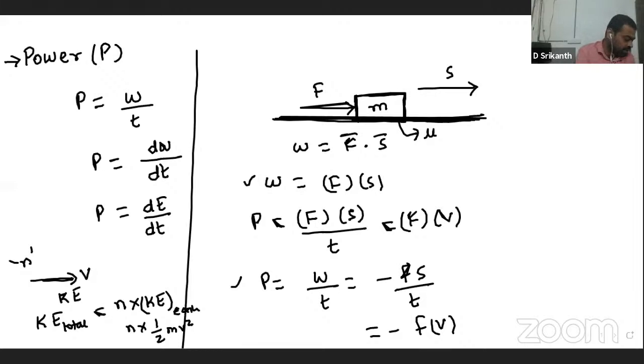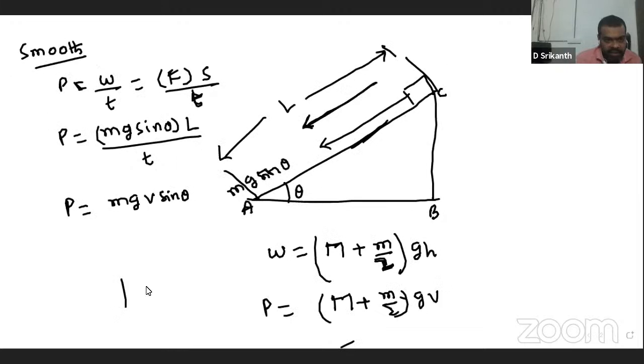Okay, fine. Now, next, whenever a crane lifts a body of mass m with a constant velocity, then the power will be force into velocity. Suppose I am having a crane like this. Crane is having a mass small m.